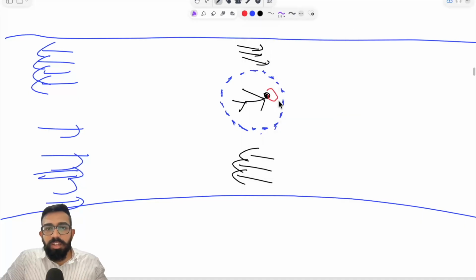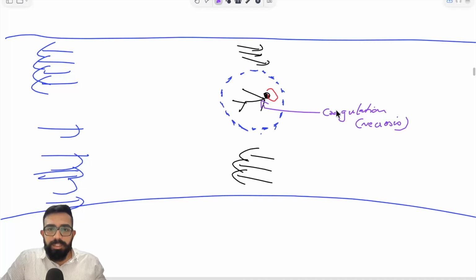In the center, we have dead tissue. Okay, dead tissue, and we call that the zone of coagulation because there is necrosis, and the necrosis is coagulative necrosis. Okay, dead. Around that, there is savable tissue.